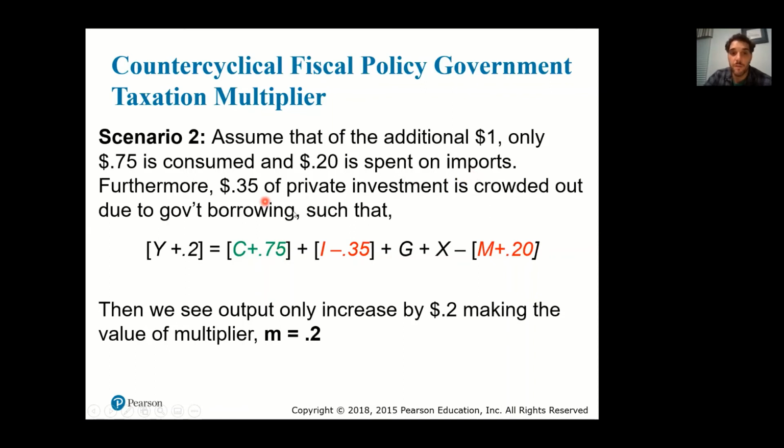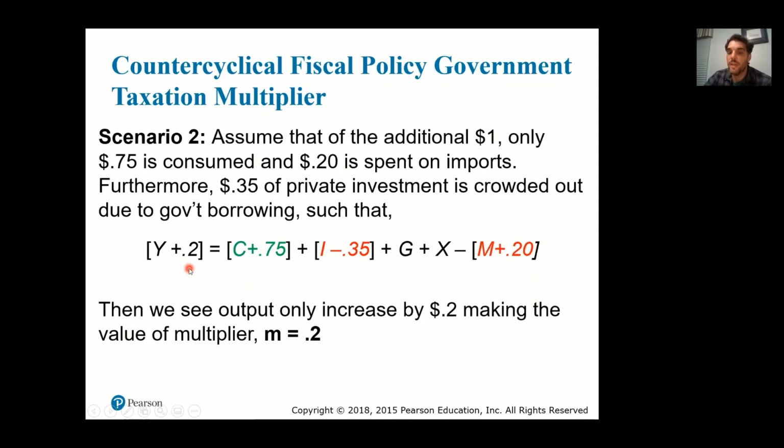And furthermore, private investment is crowded out by 35 cents, meaning that there's going to be an increase in consumption due to the tax decrease, but investment is going to drop by 35 cents. Private investment by households and firms is going to drop by 35 cents. And imports are going to increase by 20 cents from that 75 cents, meaning that when we add up this total effect, output is only going to increase by 20 cents.